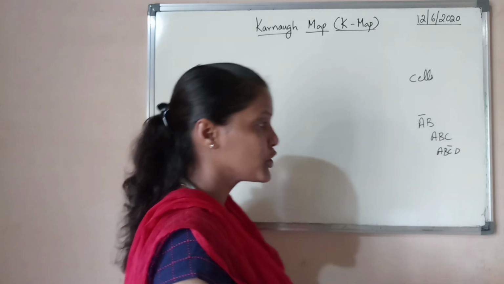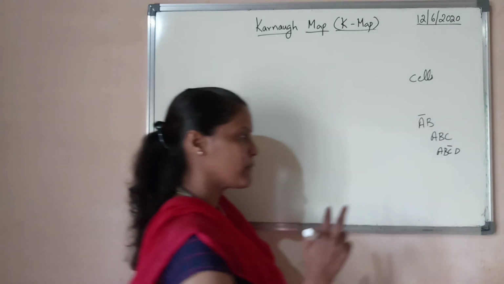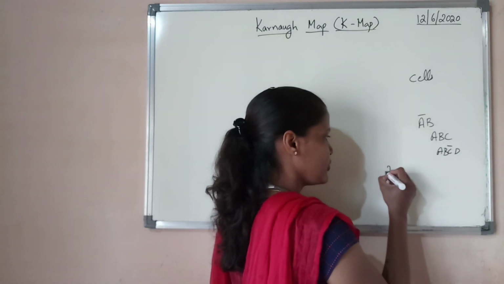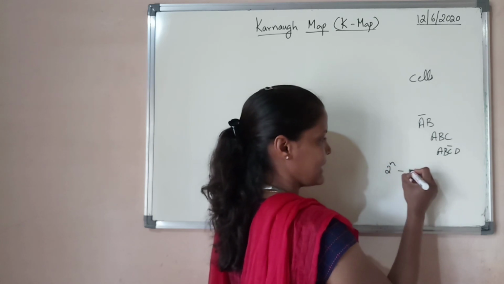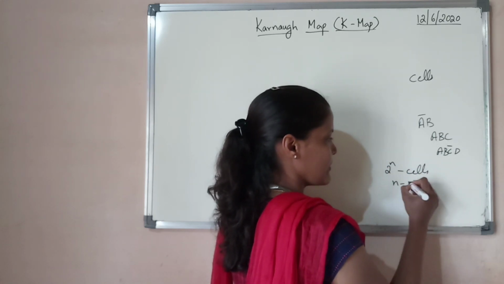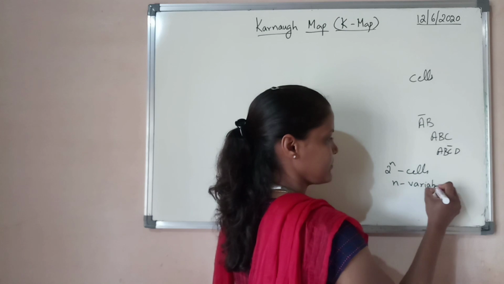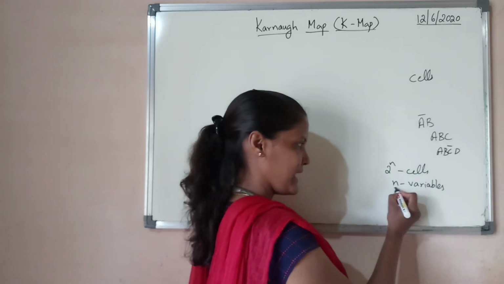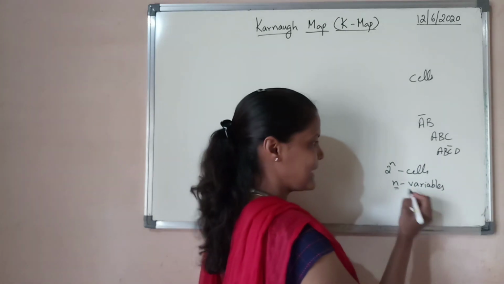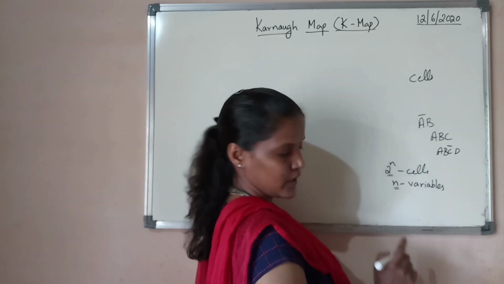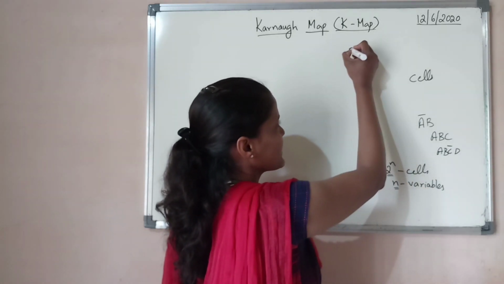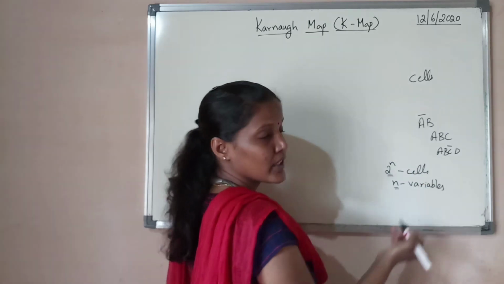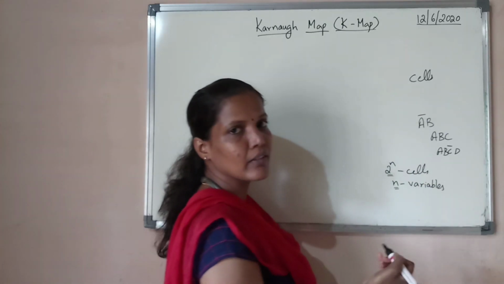The K-map will have 2 to the power of n cells for n variables. So if I have n variables, the number of cells will be 2 to the power of n. From this, I can easily count the number of cells required for different numbers of variables.